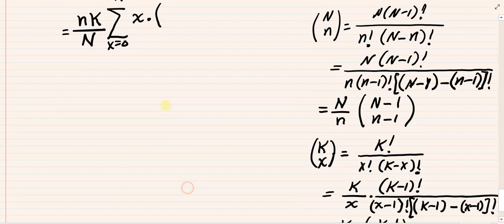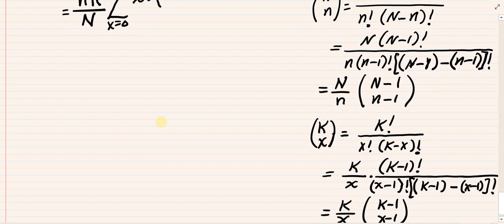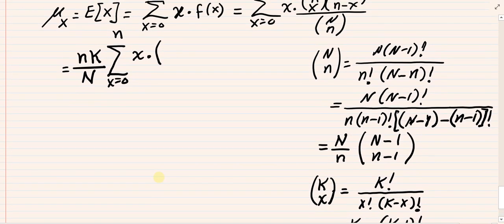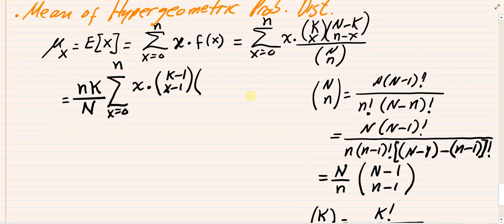I'm going to rewrite it as k minus 1 choose x minus 1 now, right? And the latter part isn't going to change. That's just going to be N minus k choose n minus x. This part didn't do anything to that.